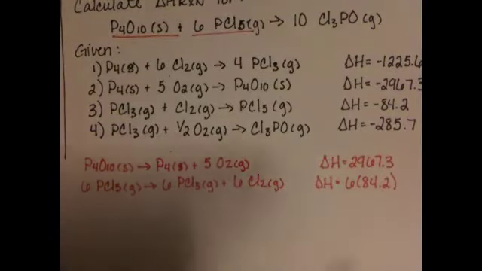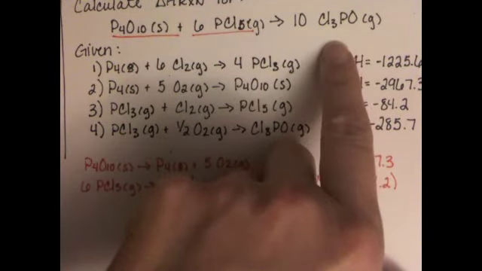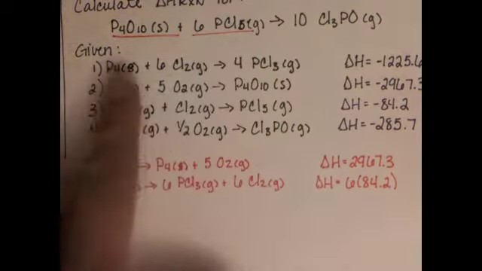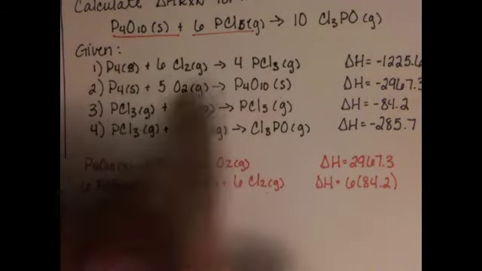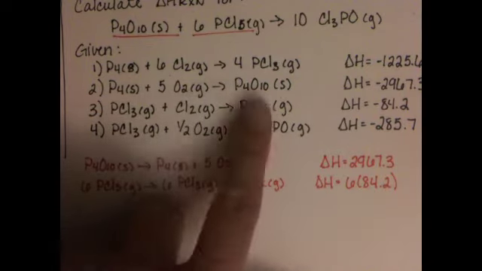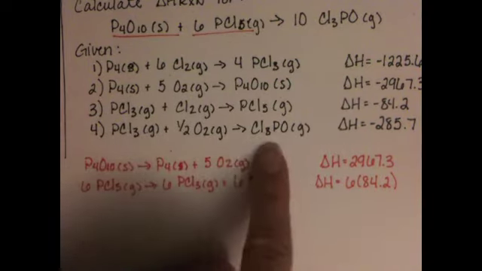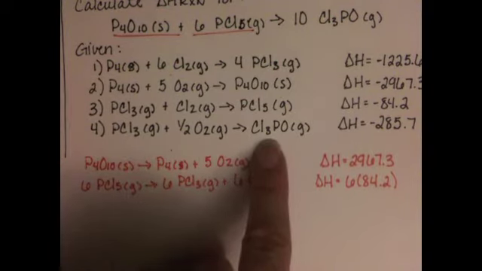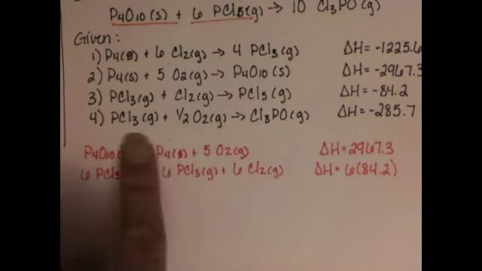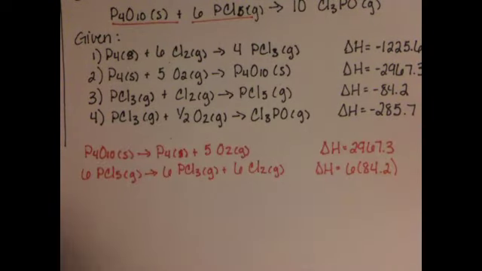Now we need Cl3PO on the product side, total of 10. So we look through equations 1 through 4 to find Cl3PO. And here it is in equation number 4. It's on the right side of the equation, but we need more. We need 10 of them. So we're going to take this equation and its delta H, and we're going to multiply the whole thing by 10.